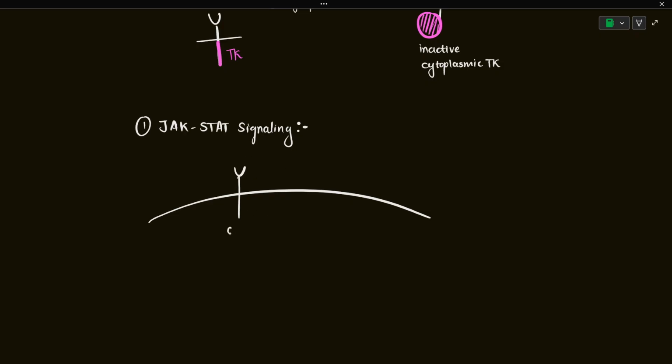Let me just write it down sideways. This cytokine receptor is not just a receptor for cytokines, but also a receptor for certain growth hormones or even hormones like prolactin. So it does not only work for cytokines, but can also receive growth hormones, or hormones like prolactin.